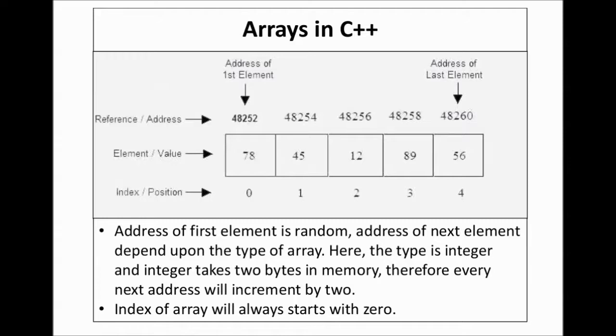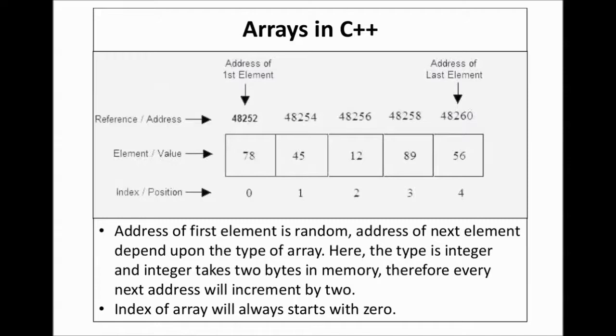So in this figure, the reference address 48252 is assigned randomly to the first element of the array, and the second element has the address 48254, which is an increment of 2 from the previous value.